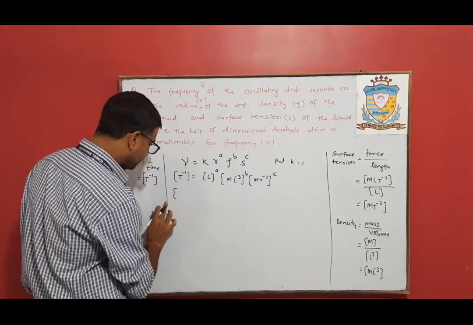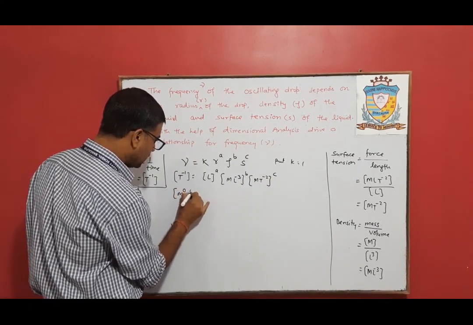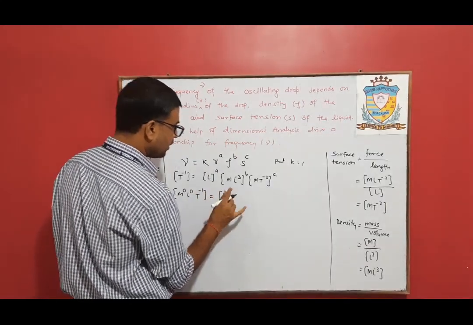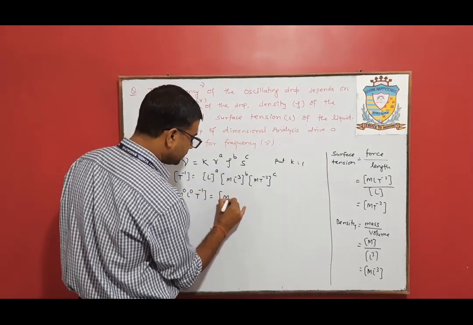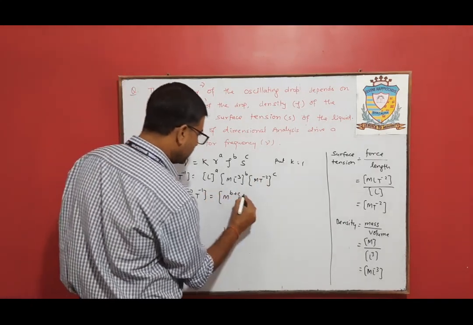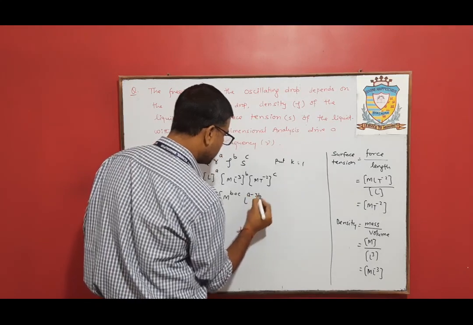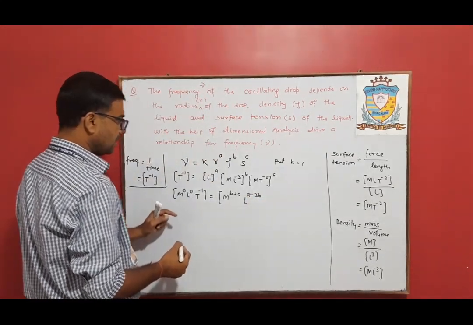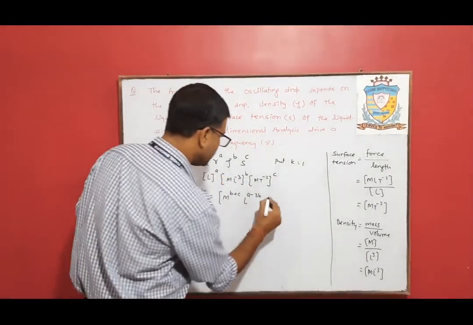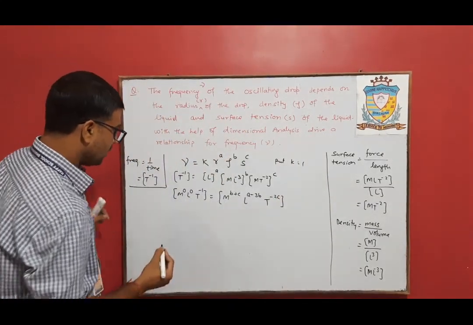This can be written as M0 L0 T minus 1. Here M raised to power b plus c, L raised to power a minus 3b, clear, and T raised to power minus 2c, clear.